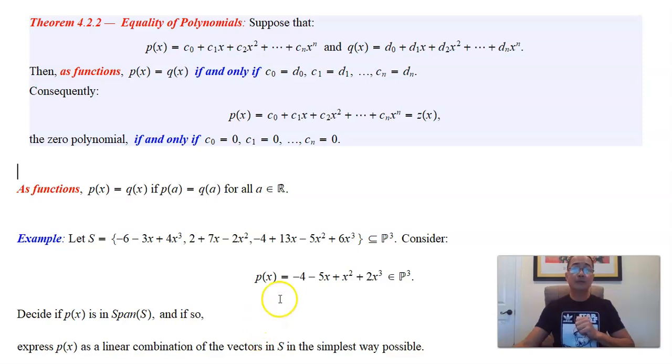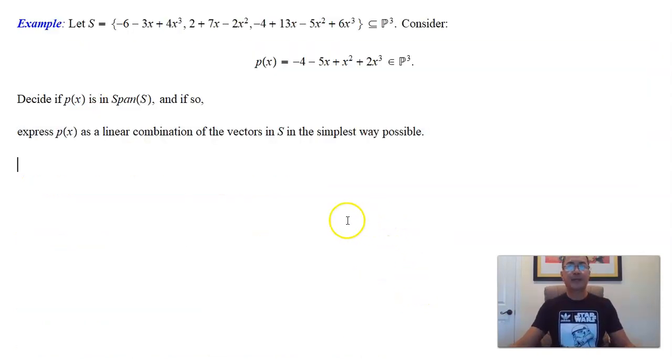So we want to know, is this P of x part of the span of this set of vectors? And if so, how can we express this polynomial as a linear combination of these polynomials in S in the simplest way possible? I hope that sounds familiar to you. Essentially the same question back in section 1.5. What is the simplest way that we can express B as a linear combination of our vectors in S?